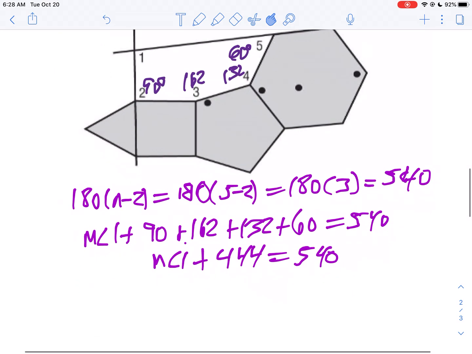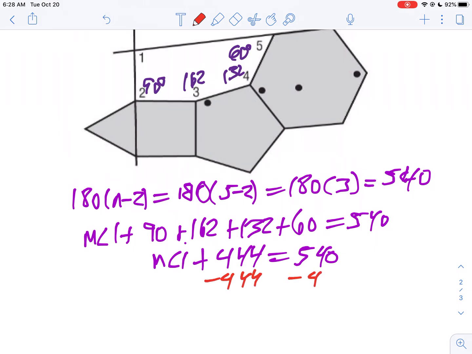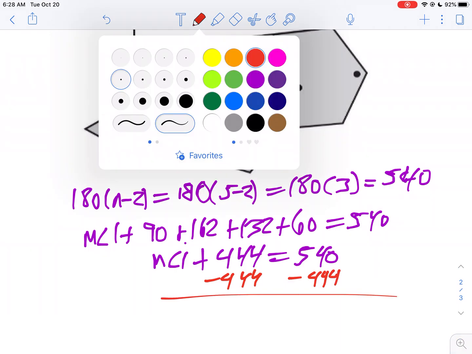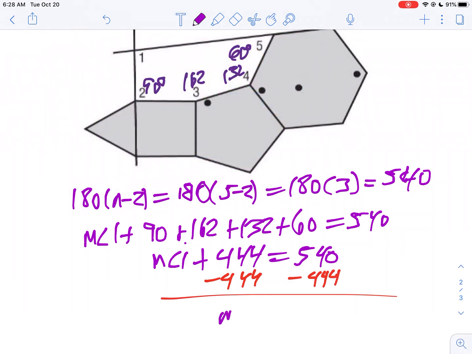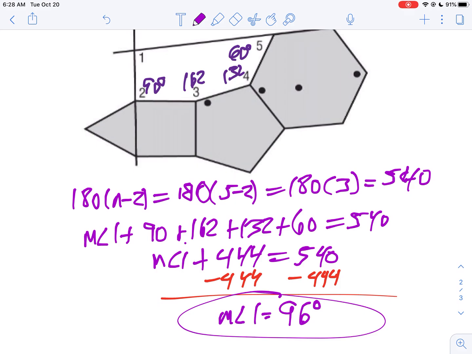Well, let's subtract 444 from both sides. And we get the measure of angle 1 equals 96 degrees. And there's your answer.